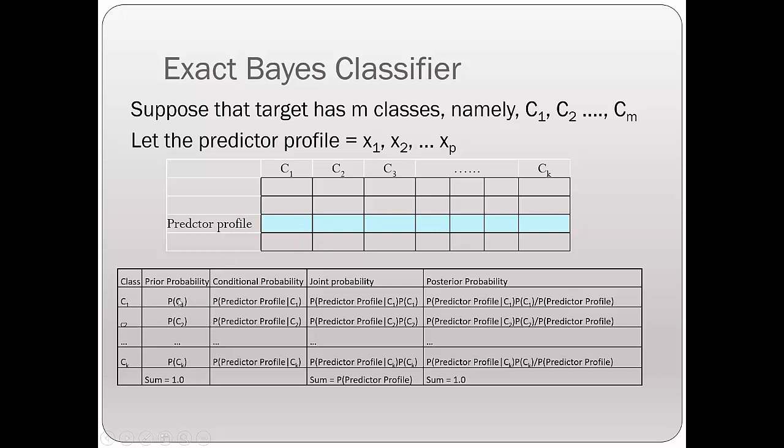Then you find how many observations belong to each of these classes, and you have the probabilities of the classes, which are prior probabilities. And then within each group, you figure out what proportion of those records are predictor profile. So you get the conditional probability, and then the rest is like the example that we've already discussed.